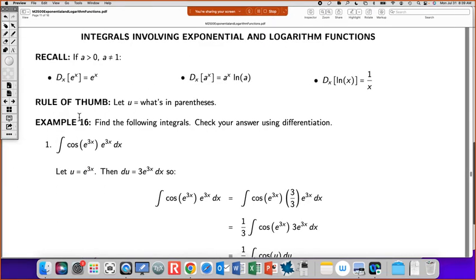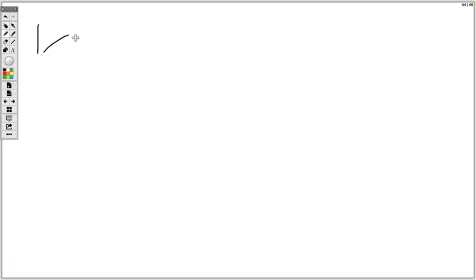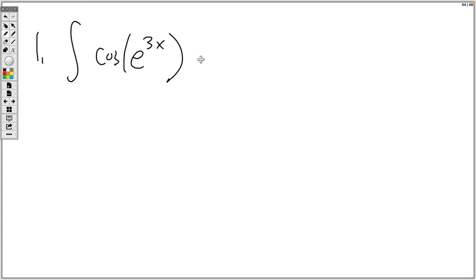So for example, we're trying to integrate cosine of e to the 3x times e to the 3x dx. And the thing about these exponentials is they're kind of slippery because they're pretty much their own derivative. You follow?